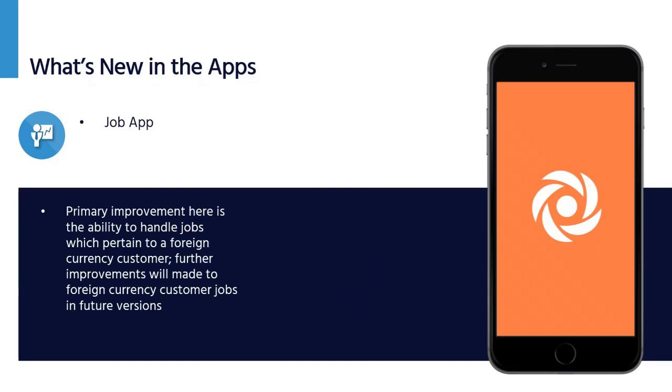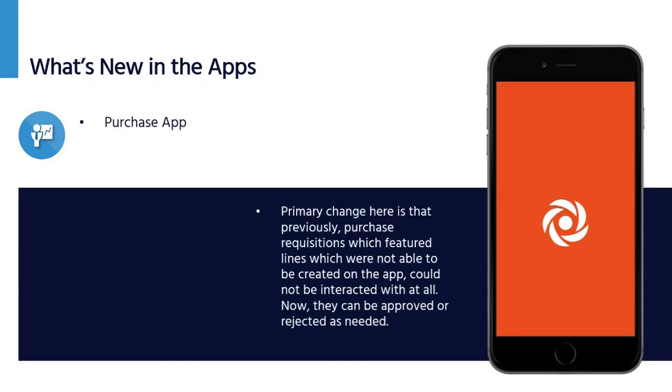We'll be making some further improvements around that going forward. And finally, the purchase app. The main change here is that if you had non-inventory or GL line types, you couldn't process the purchase requisition approvals within the app, and now all line types are supported in the purchase requisition approval process within the purchase app.